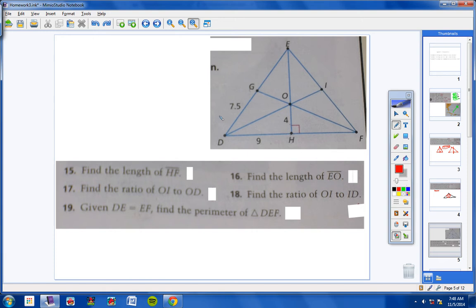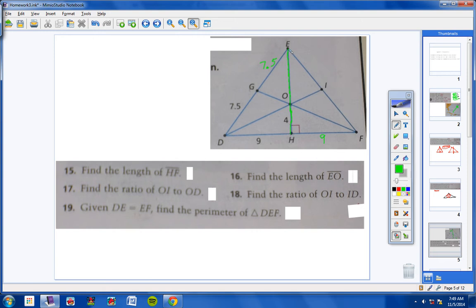Now remember, medians go from a vertex across the triangle in such a way that it hits the midpoint. So if DG is 7.5, then GE is also 7.5. I'm gonna go ahead and write that down. Okay, and if DH is 9, then HF is also 9. All right. Now one more thing we learned about medians and the centroid. Remember, this whole length here is set up like this.